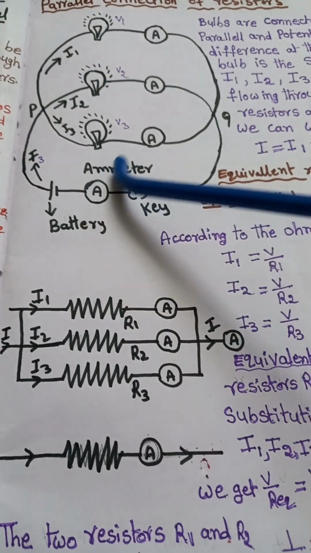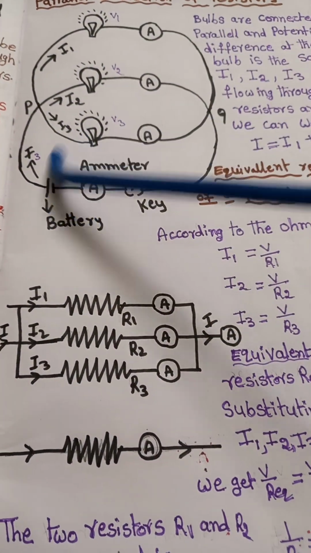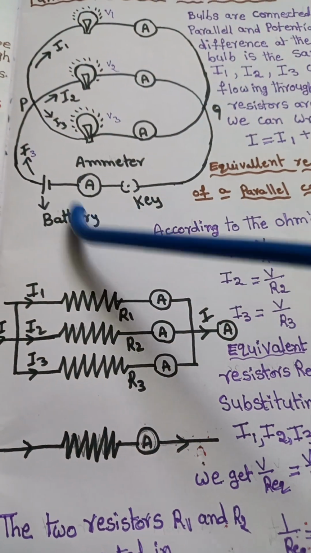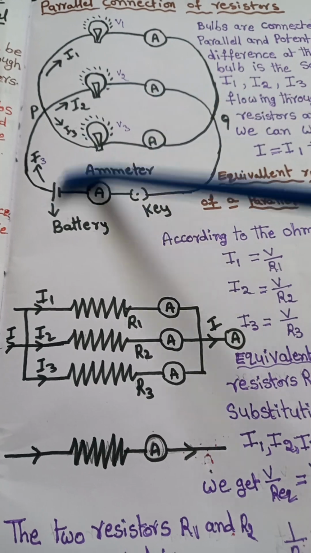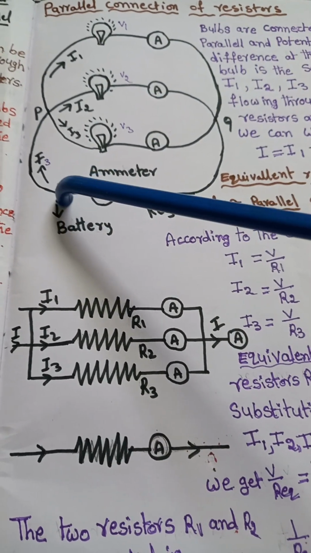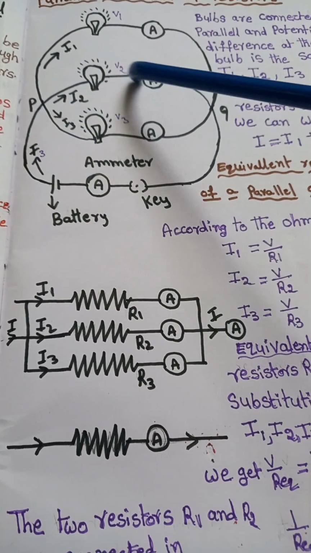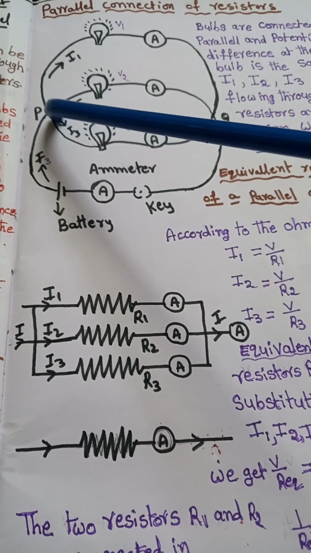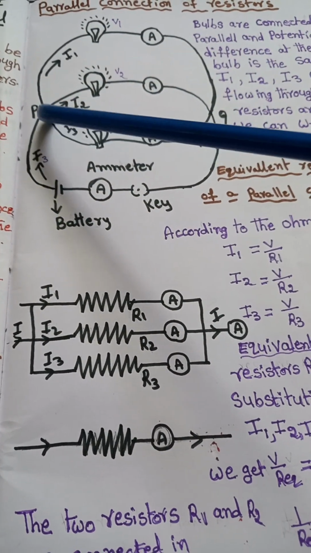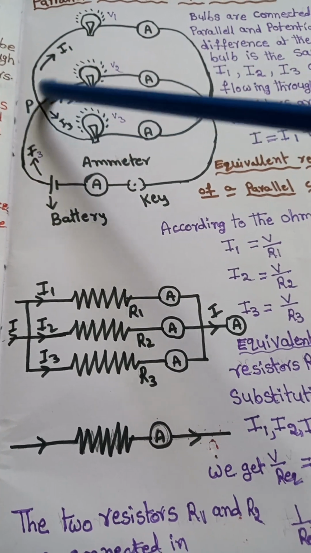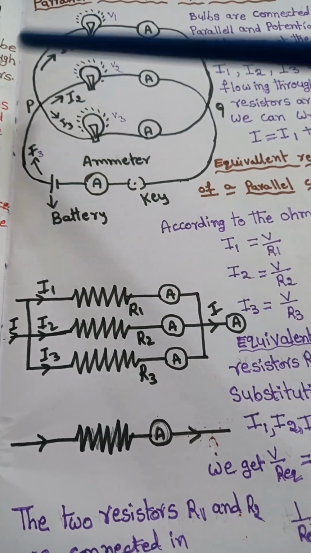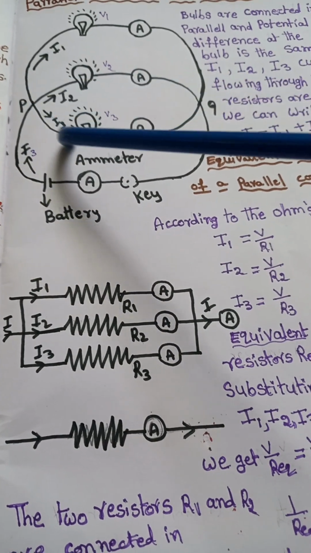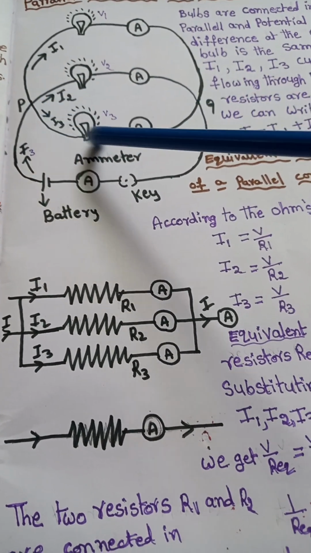Here the bulbs are connected to a battery by wires, and when the current passes through the conductors, the current is split into different directions. First direction is I1, second direction is I2, and the third direction is I3.